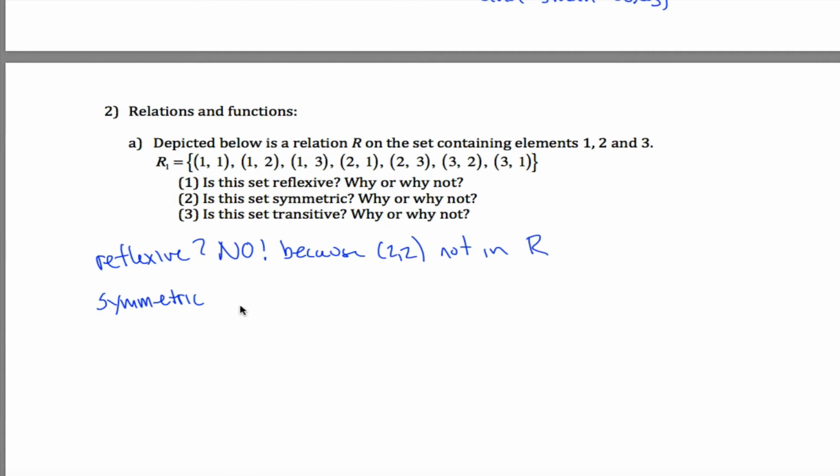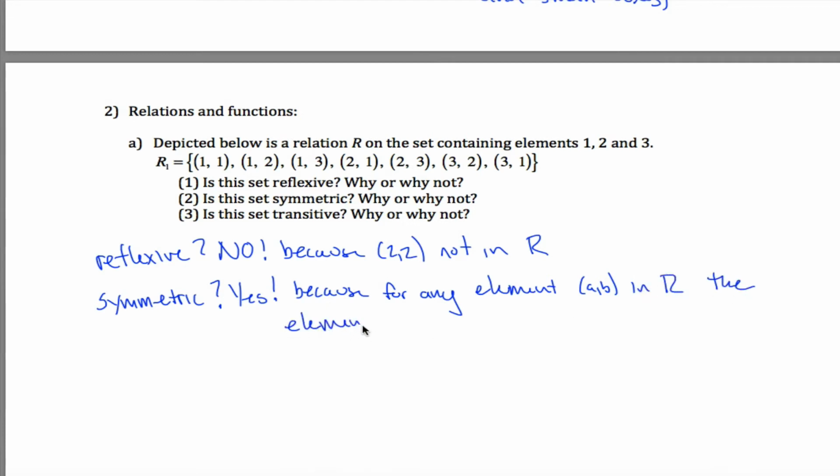Symmetric. I think it is symmetric. Yes. Because for any element AB in R, the element BA is also in R. And I guess you just go through and check.